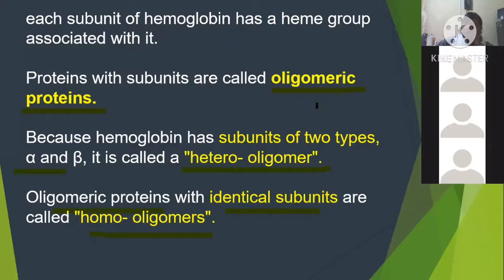So oligomeric proteins are nothing but those proteins with subunits. If the subunits are similar or identical, then it is a homooligomer. If the subunits are different, then it is called a heterooligomer.